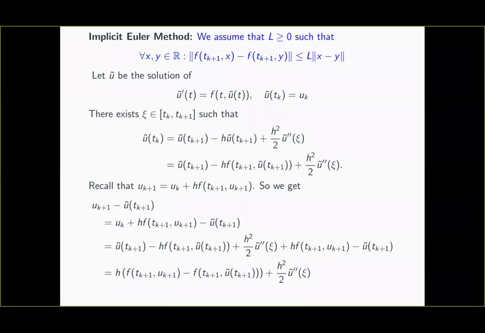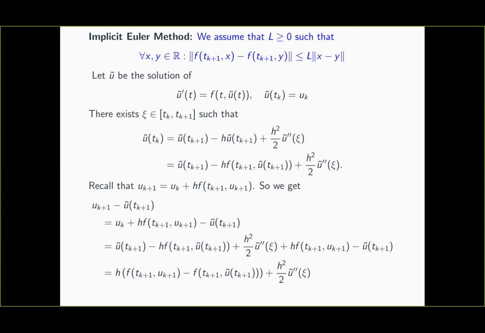So there exists xi in the time interval from t_k up to t_{k+1}, such that we have u tilde at time t_k equals u tilde at time t_{k+1} minus h times u tilde prime at t_{k+1} plus h squared over 2 times u tilde prime prime of xi. The minus in the second term, minus h u tilde prime at t_{k+1}, is due to the fact that we go back in time in this approximation.